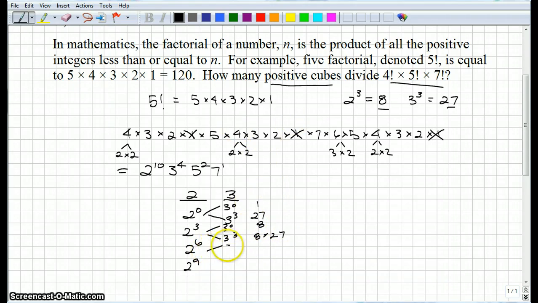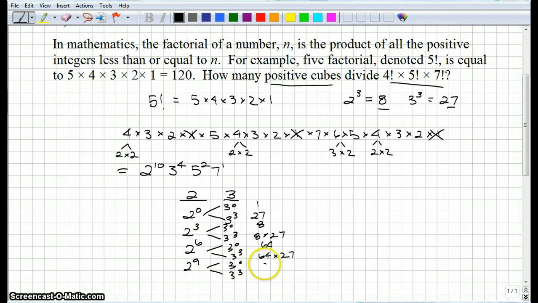If I choose 2 to the 6th, I can again choose either 3 to the 0 or 3 to the 3, and that would give me 64, and 64 times 27. If we choose 2 to the 9th, then we can choose either 3 to the 0 or 3 cubed.